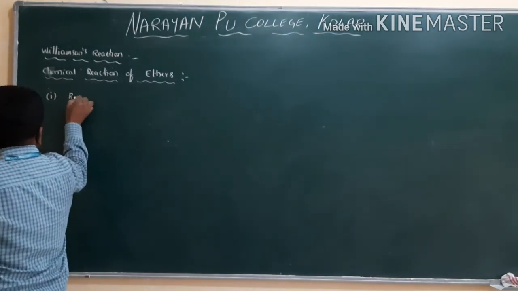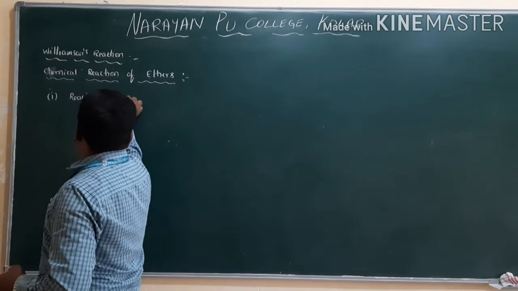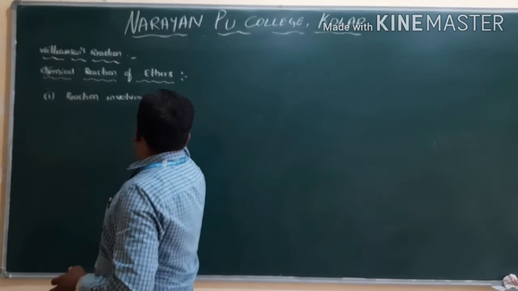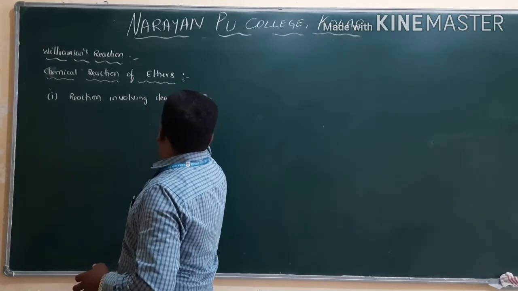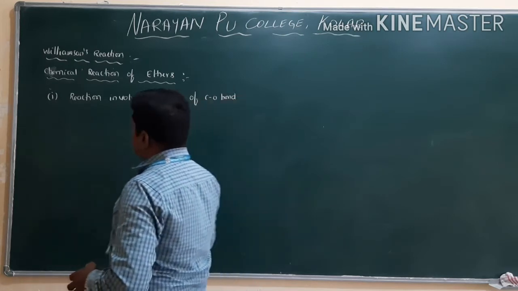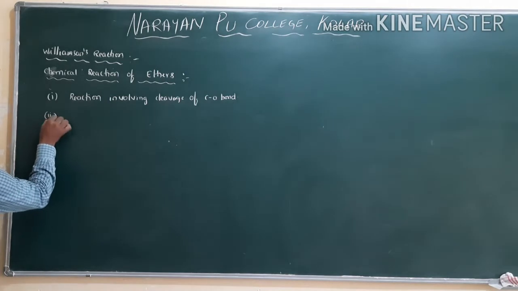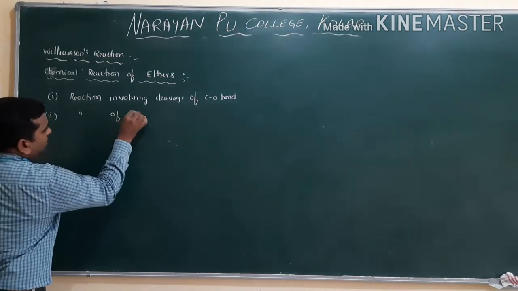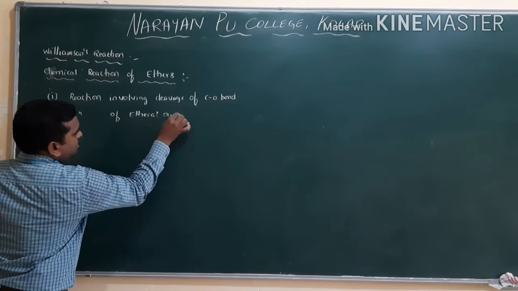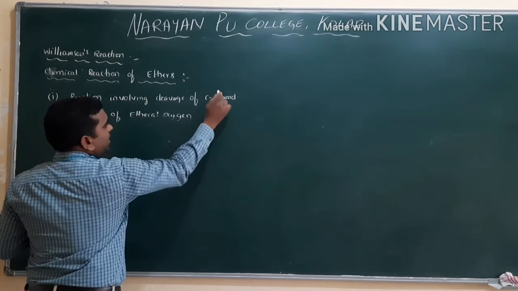One is reactions involving cleavage of the C-O bond, meaning the carbon and ether oxygen bond. And another one is reactions of ethereal oxygen, meaning the ethereal oxygen will be involved in the reaction.